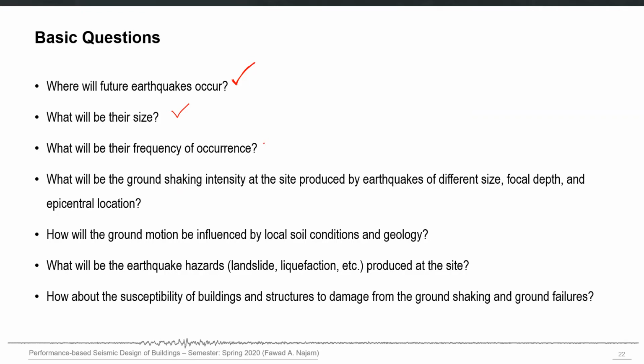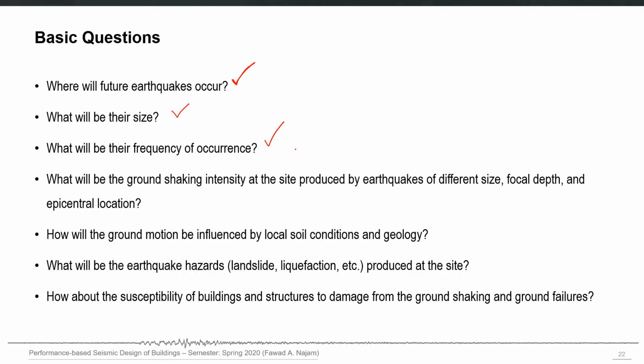Then another important question is, what will be their frequency of occurrence? How frequently can we experience earthquakes in future at a particular site? Obviously, it also depends on the fault characteristics or the properties of the seismic source which is causing those earthquakes. If, for example, some particular fault has a capability to store the energy for thousands of years and then just release it, the frequency of occurrence will be low.